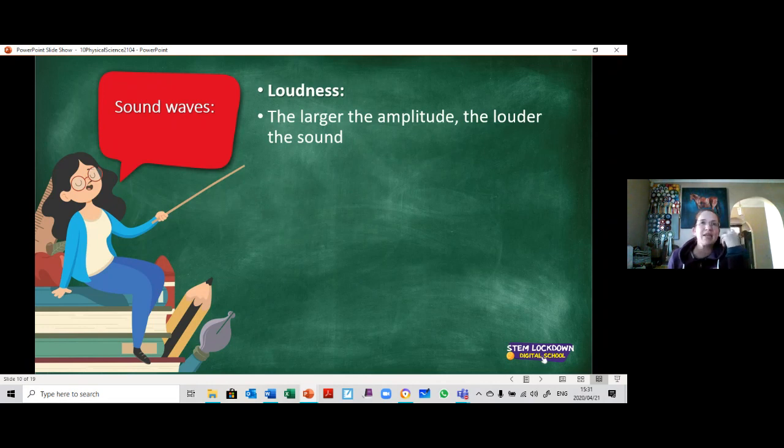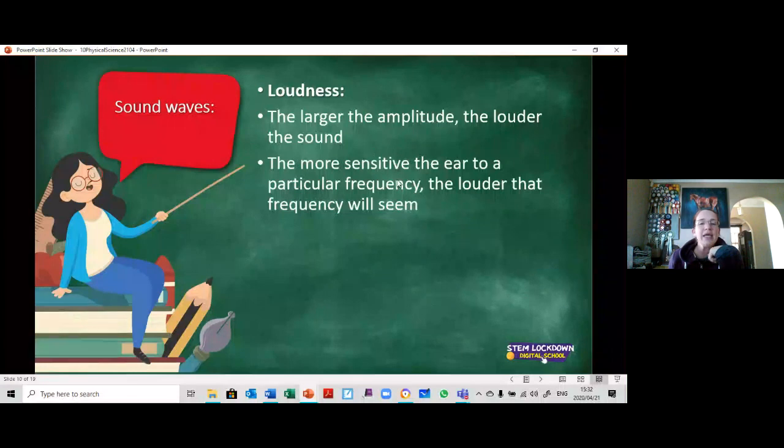Sometimes there will be one sound that you hear and just can't deal with, and that is because your ear is sensitive to that particular frequency. It's not the same for everyone. If your ear is very sensitive to that frequency, that note will sound louder than other notes because your ear is more sensitive to it.